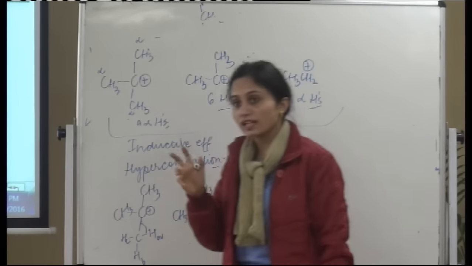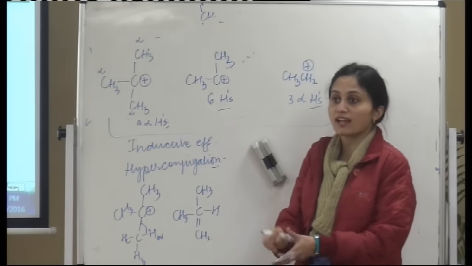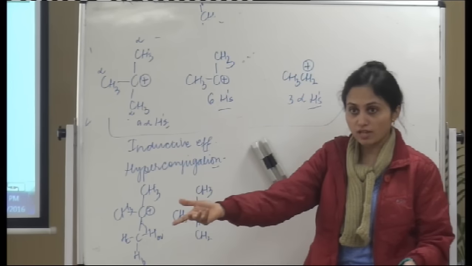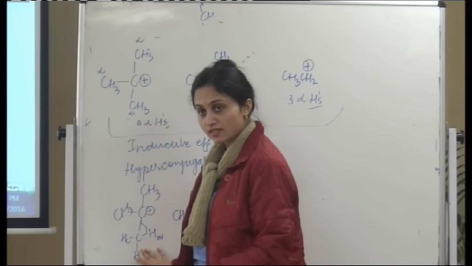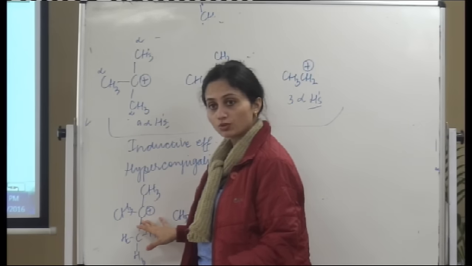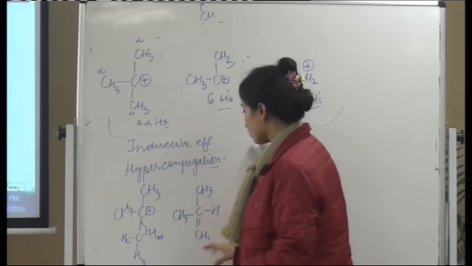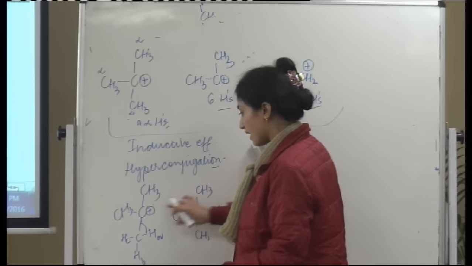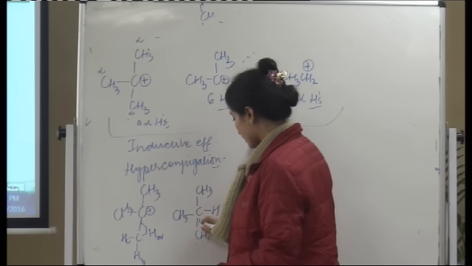What is that? This is some kind of a conjugation. Conjugation is like something which goes hand in hand. That I give you something and you take it or you share it or you willingly accept it. It is like that kind. So if your alpha hydrogen is present, it would very willingly try to go to the carbon atom which is having the positive charge. Then in that case, what can happen is that your H can just go out and get attached here, and in that case now the CH2 plus is like 1, 2, 3 and 4.